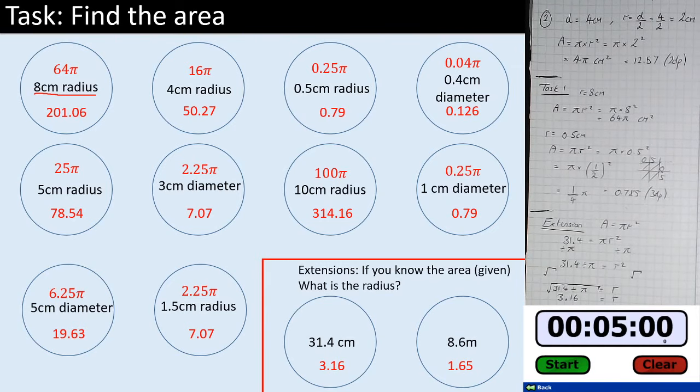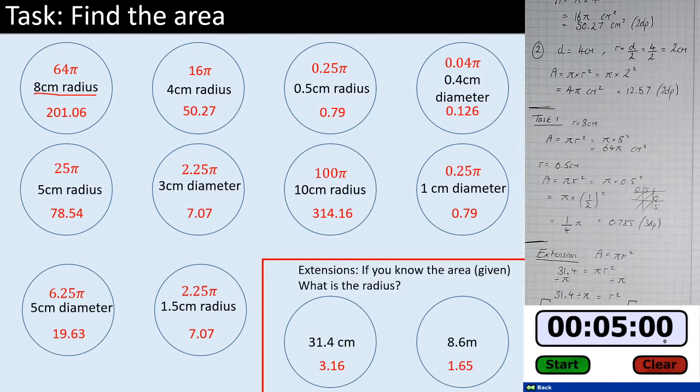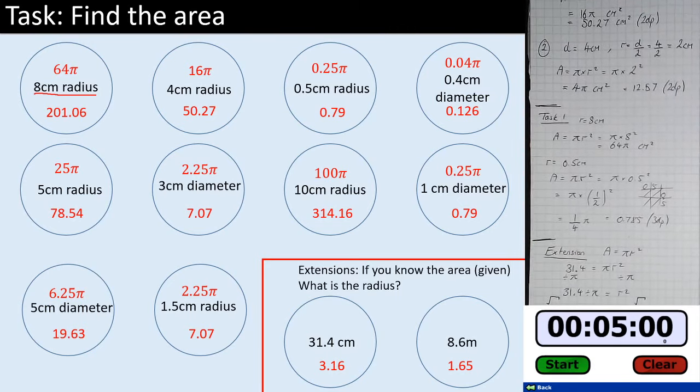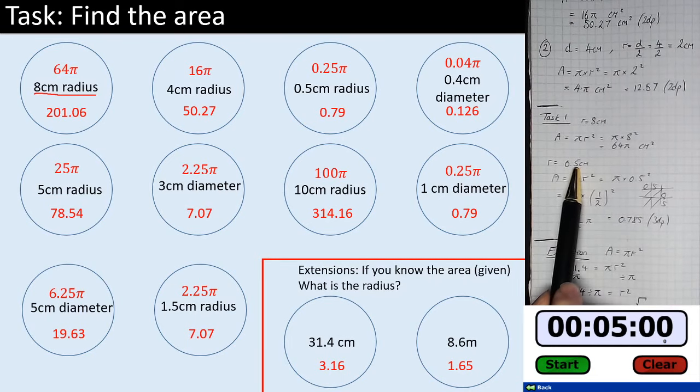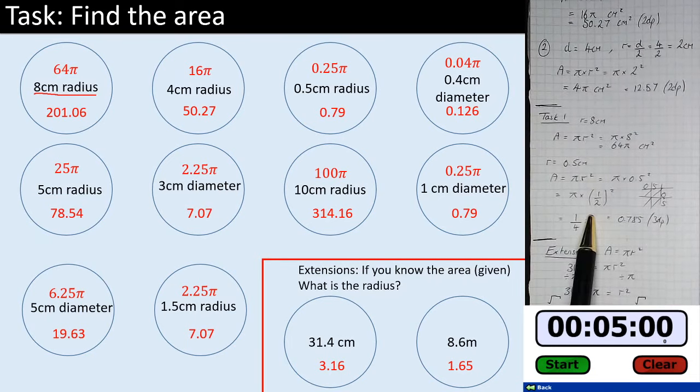What I would want to make sure from someone who's watched this video is that they can use either the radius or the diameter as a whole number or a decimal or a fraction to be able to find the area of a circle.